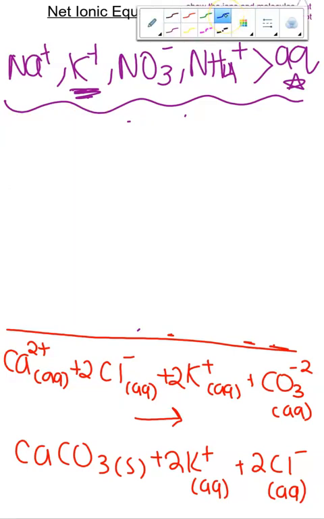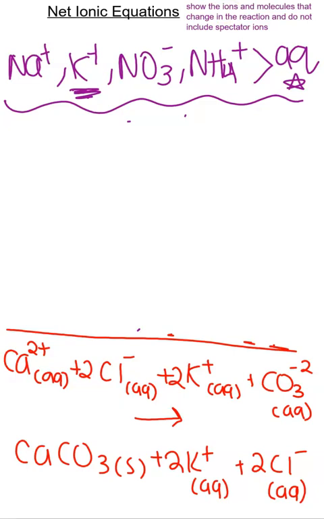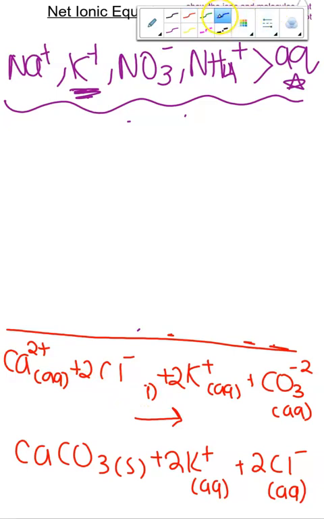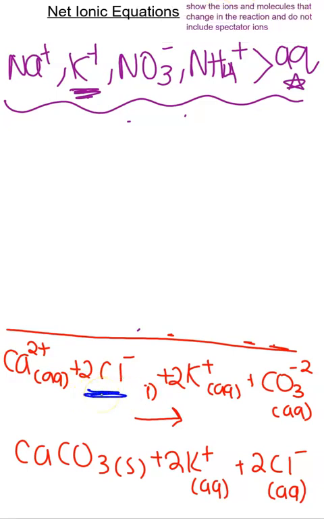And I will circle them in blue. So we have chlorine. Chlorine is aqueous in the reactants and it's aqueous in the products. That's a spectator ion. It is not included in the net ionic reaction.